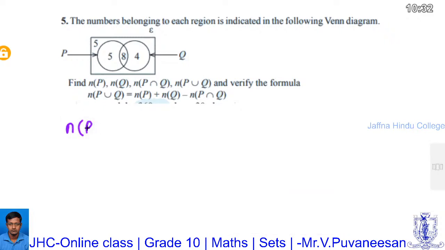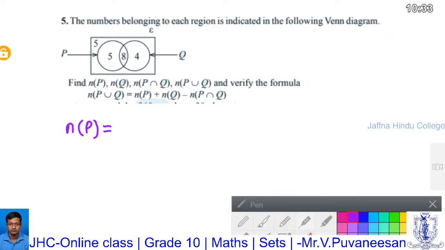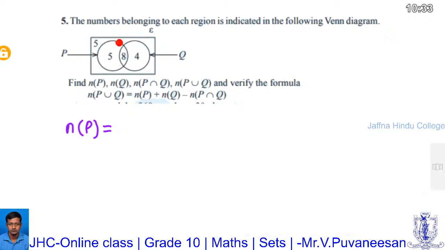Number of P means the elements belonging to the circle P. In here the 5 means number of elements, not an element. 5 means a number of elements, and this area also 8 elements. So in the circle P there are 13 elements. So number of P, 5 plus 8, 13.